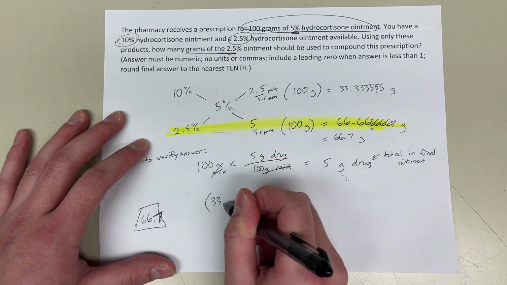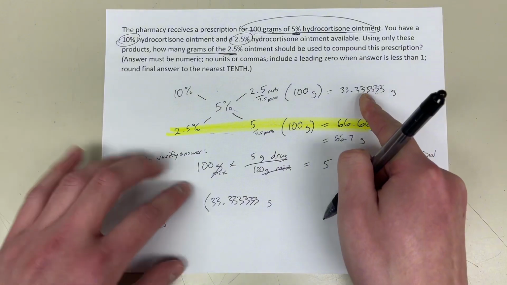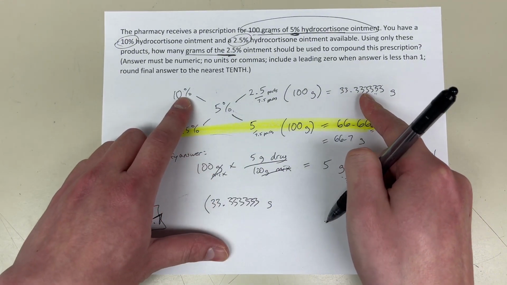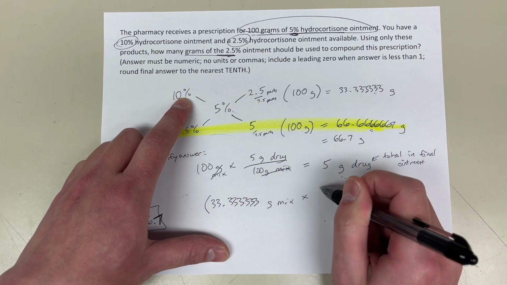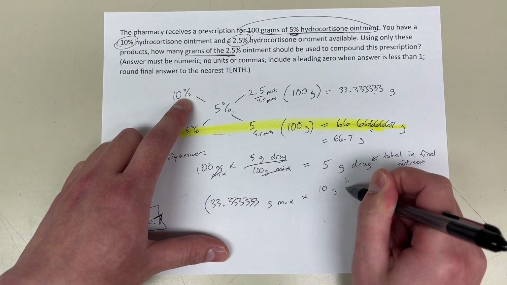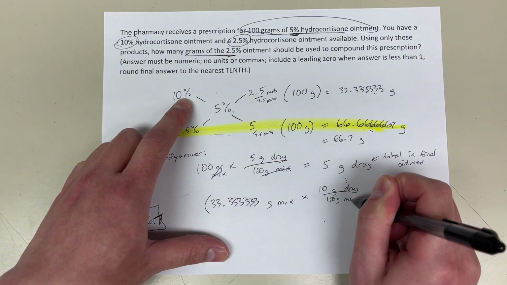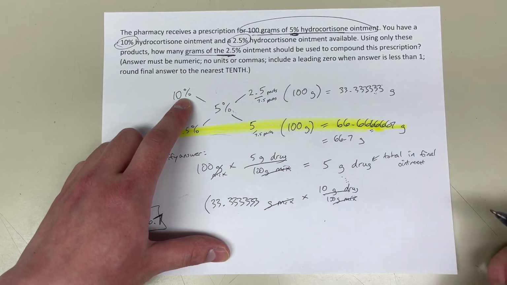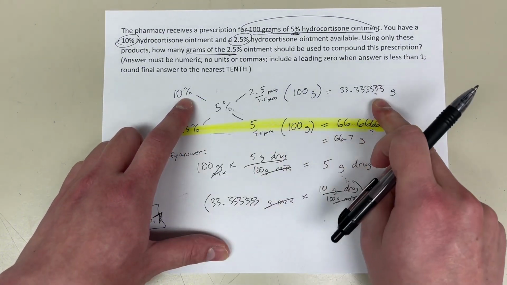So I'm going to confirm this. This number is the 10% ointment, times the 10% ointment, which is 10 grams of drug divided by 100 grams of mix. These cancel out. So this is written for the 10% ointment.